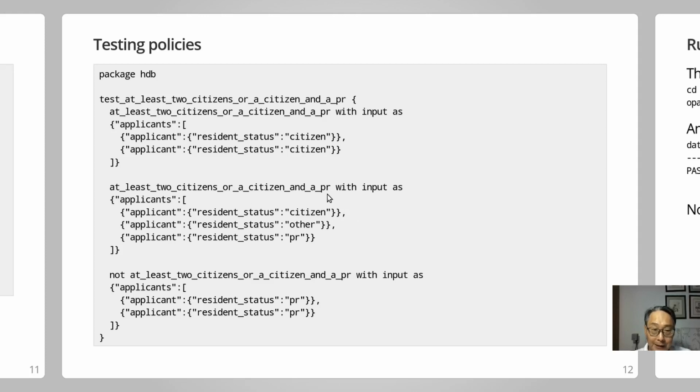It should also pass. And finally, this is very important, not. It should not be at least 2 citizens or citizen and PR. In other words, it should evaluate to false if you have this input, 2 PRs. There's no citizen there. So let's run the test.